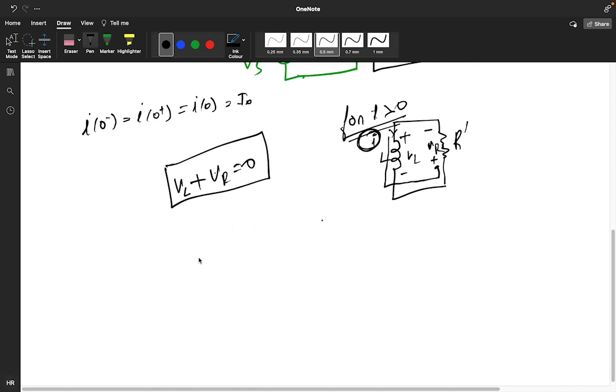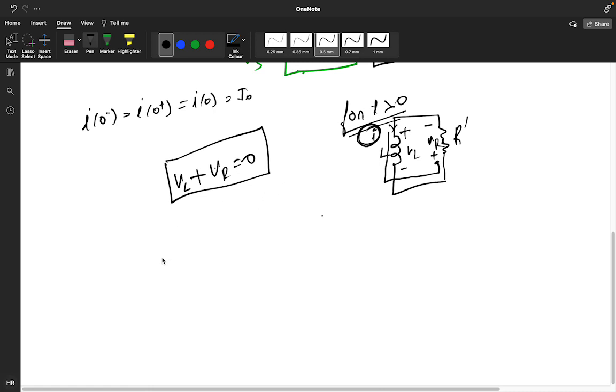And what is the equation of V of L? In our earlier classes, we know that V of L is nothing but L di by dt, and V of R means I into R. So L di by dt equals minus I R.